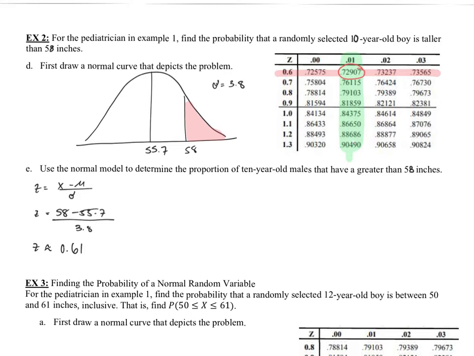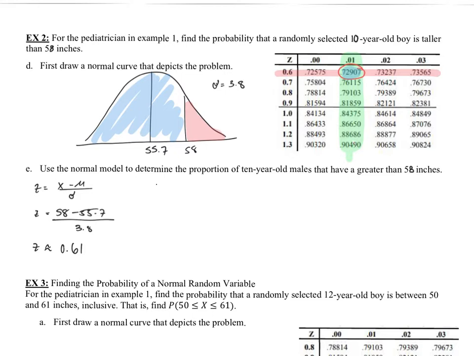The proportion is 0.72907. Well, we might be tempted to say that's our answer, but remember, these charts are always giving us the value to the left. So the value to the left is the 0.72907, which is not what we want. We want the value to the right. So how do we find that? Well, we know the total area is 1, right?